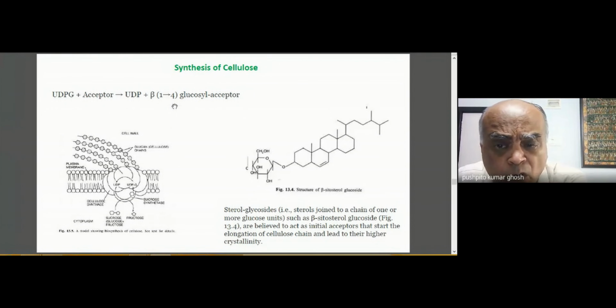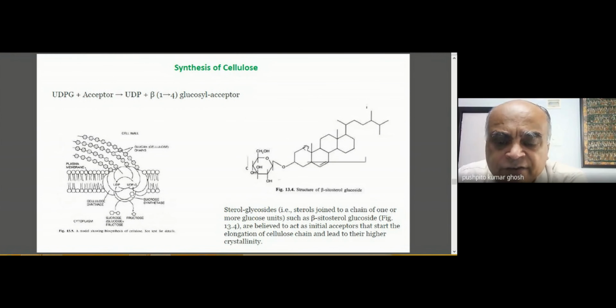But there's one more thing to making cellulose. Okay, one glycoside linkage at the end is formed with a steroid molecule. Okay, this is a steroid. So this is like beta-sitosterol glucoside.